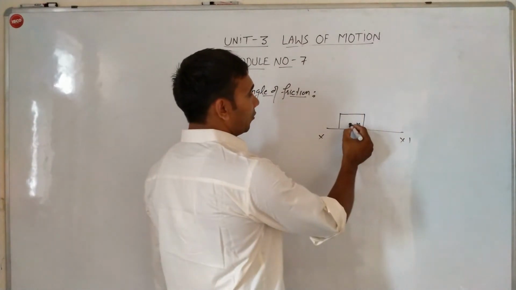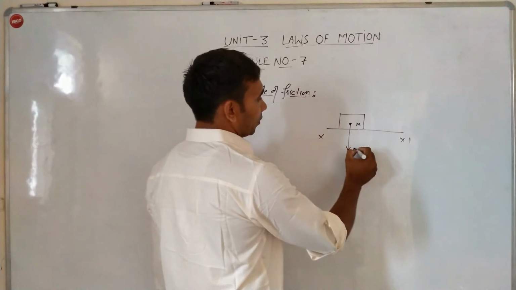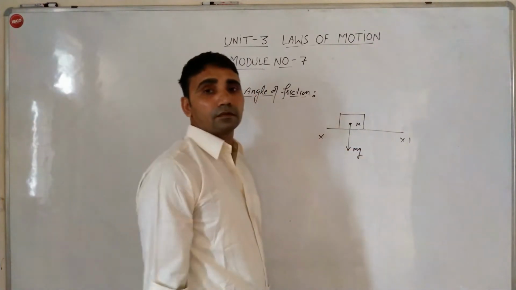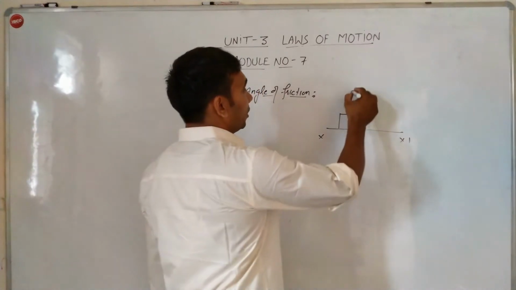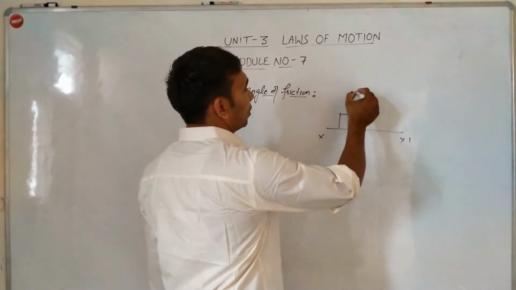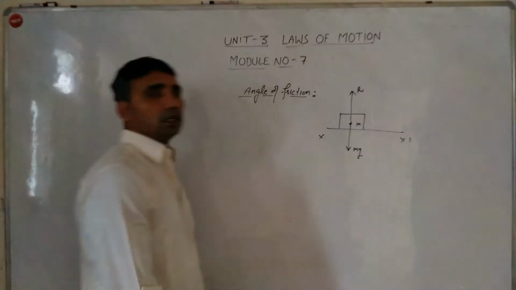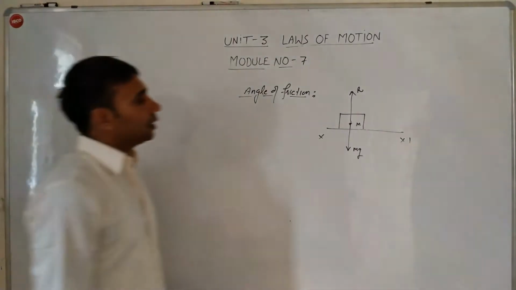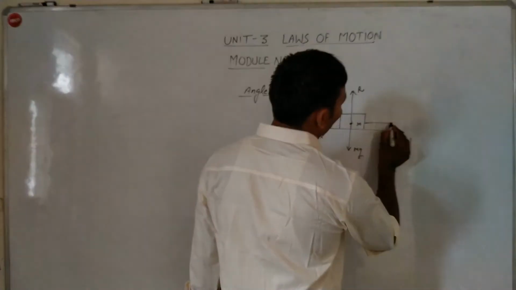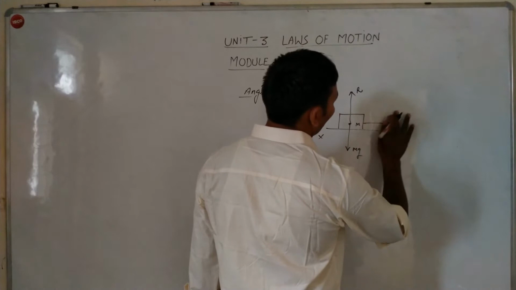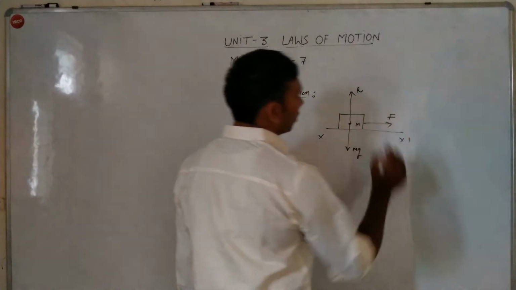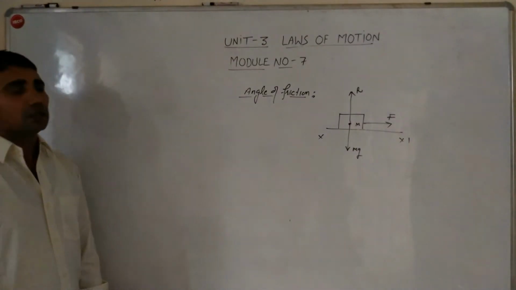Weight of the body acts vertically downward. Further, the normal reaction force acts on this body vertically upward. F be the applied force acting on this body.